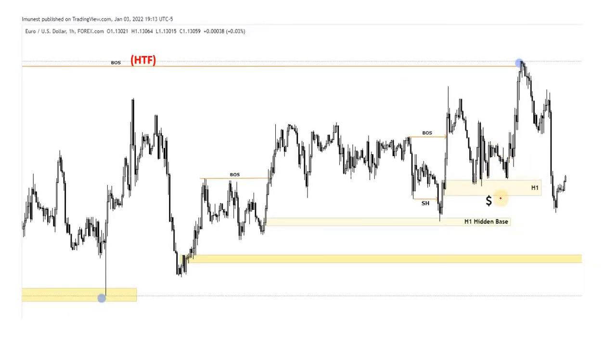All of this now becoming what? Liquidity. Price grabbing liquidity, and price may be heading down to take this trend line liquidity, and we'll be heading here. Okay, battery is down, so I have to be fast.